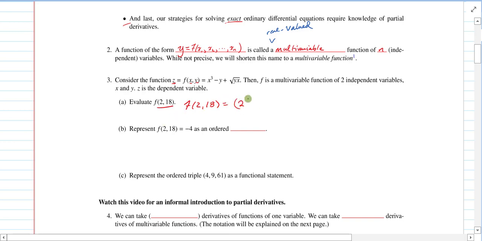We've got 2 cubed minus 18 plus the square root of yx, so 18 times 2. And then we just simplify this. Negative 10 plus 6 comes out to be negative 4.